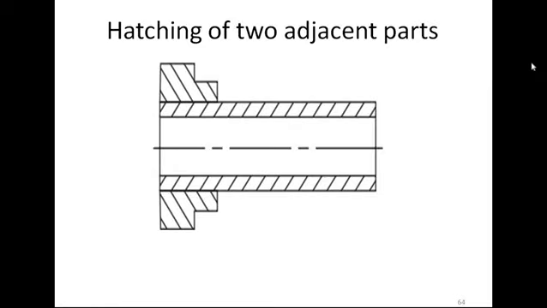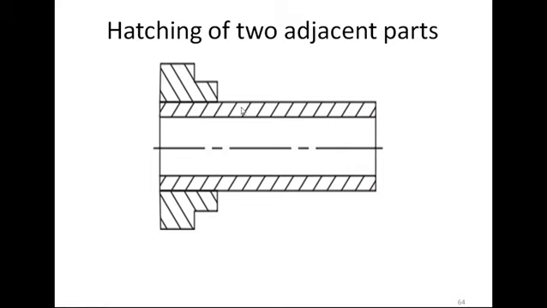The next slide is important: hatching of two adjacent parts. If there are two parts, which we have assembled or which are in one component, and you take a section of such parts, then we are required to use a different pattern for hatching. See here, this is one angle and this is a different angle. These directions are different.